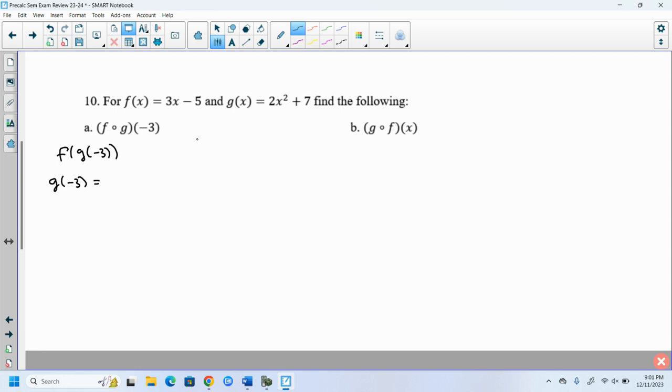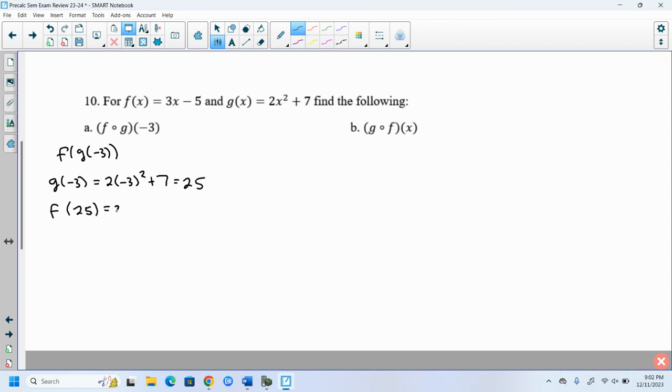So g of negative 3 is going to be 2 times negative 3 squared plus 7. Negative 3 squared is 9. That's 18 plus 7. We get 25. Now you're going to take that and plug that into the f function.